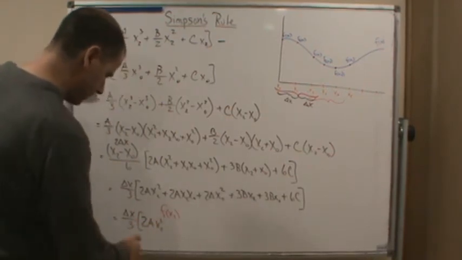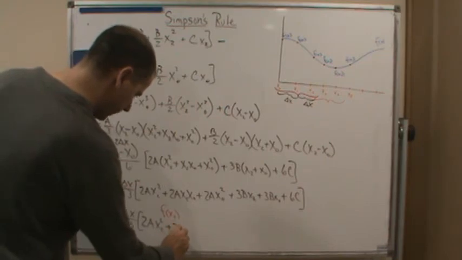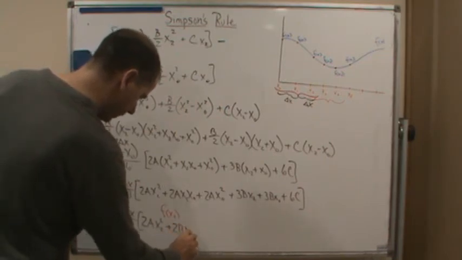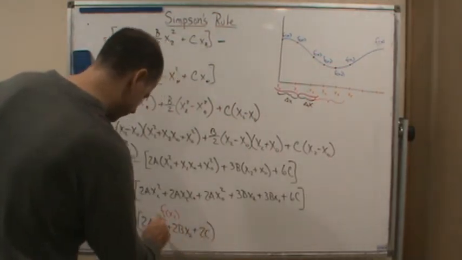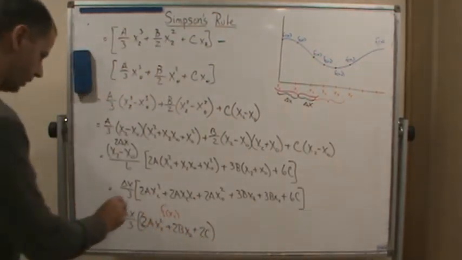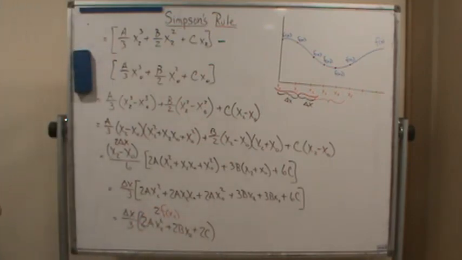So 2 times 2ax2 squared plus 2b x2 plus 2c. So I can factor out the 2, and I get 2 times f of x2.